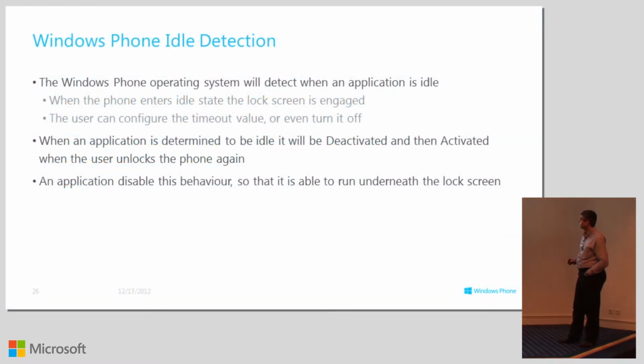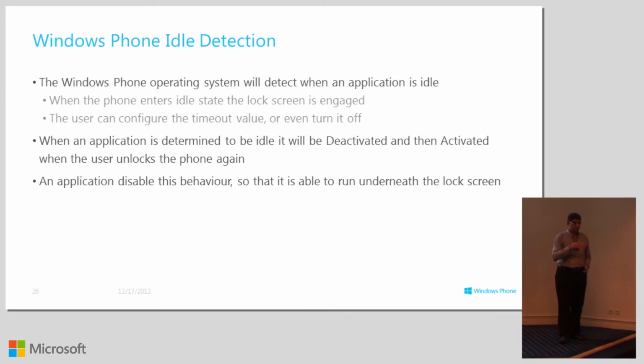So let's talk about running under the lock screen. You may have scenarios where you want to continue your application running under the lock screen, right? So what happens in the current situation is when you have the lock screen, your application gets suspended, right? So what if you want to run the application when it is under the lock screen? Keep in mind, if you do this, you're consuming resources.